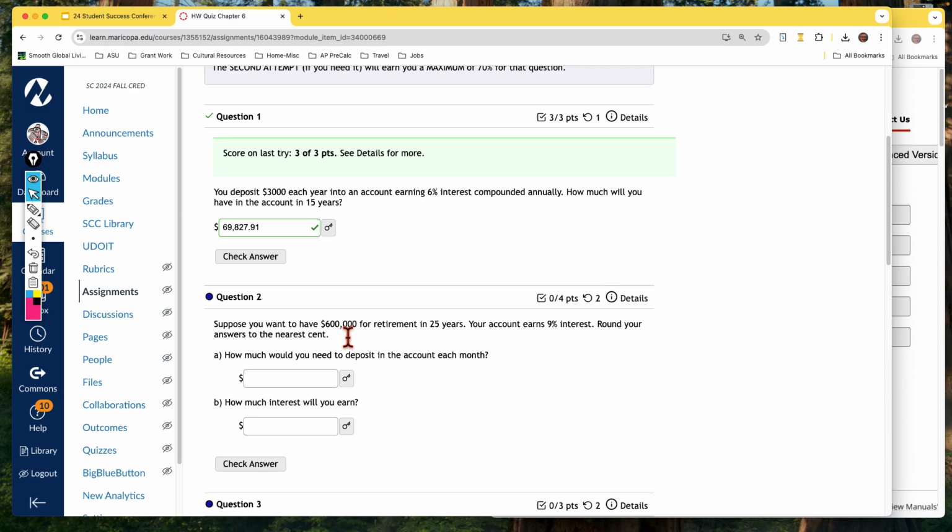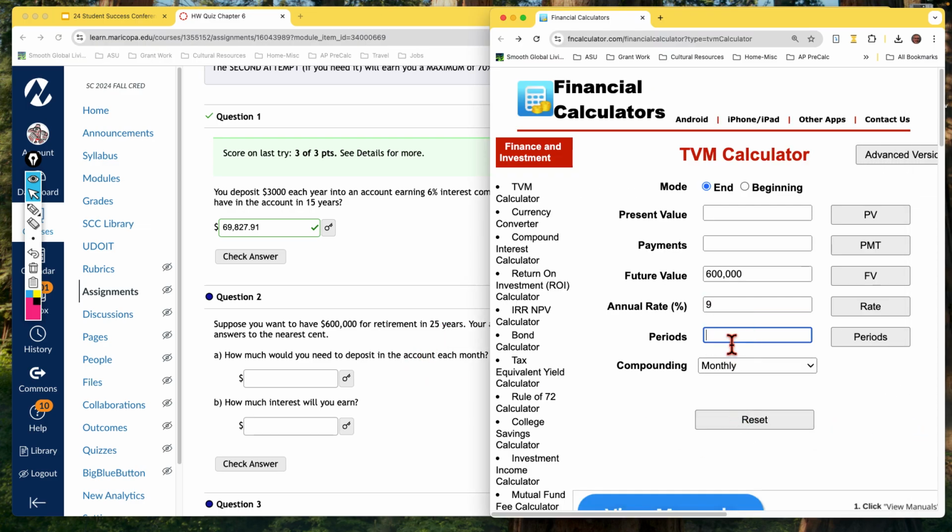It doesn't tell you directly. Sometimes they get fooled when it says you have 600 and you want to do something. But this one, we want to have it. It's a future value. So the years, if we've got 25 years, how many periods would we have? Because we're doing this monthly.